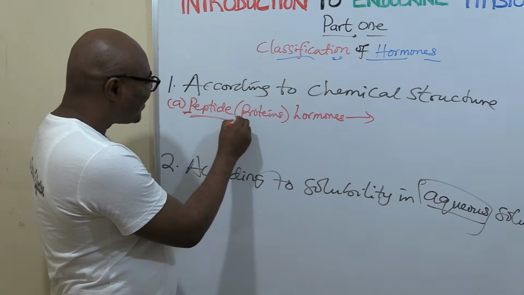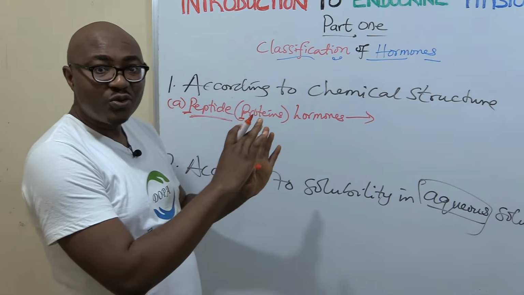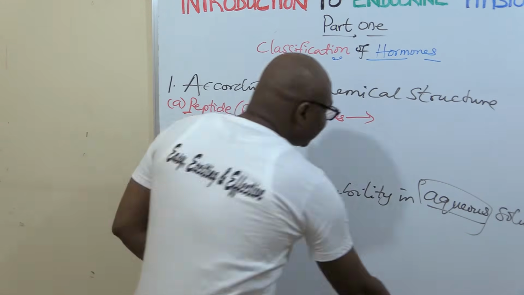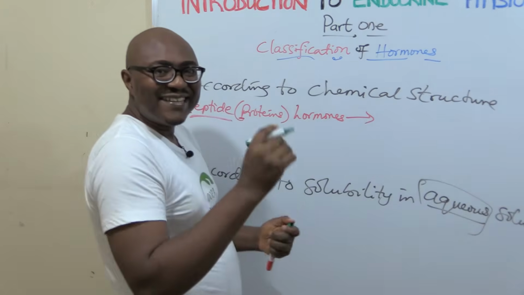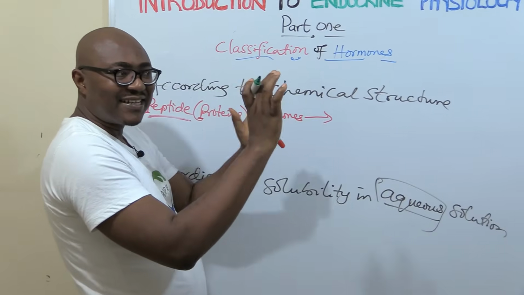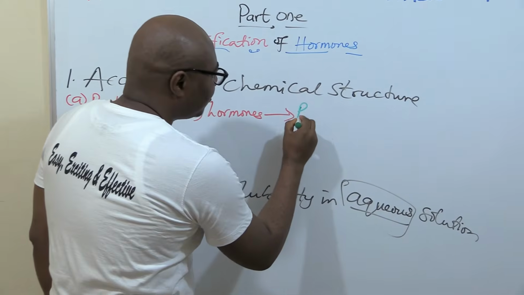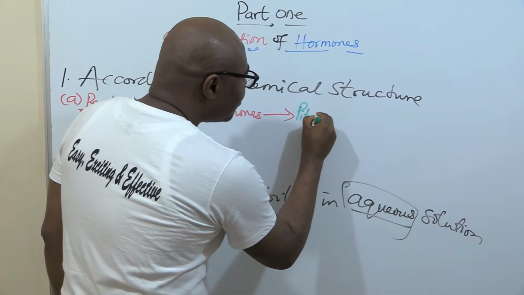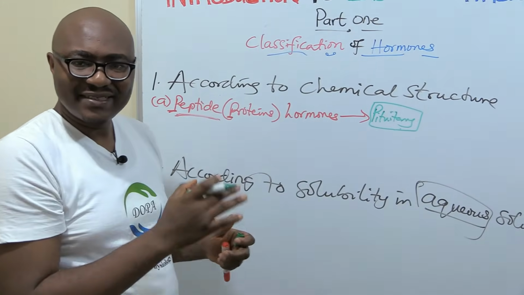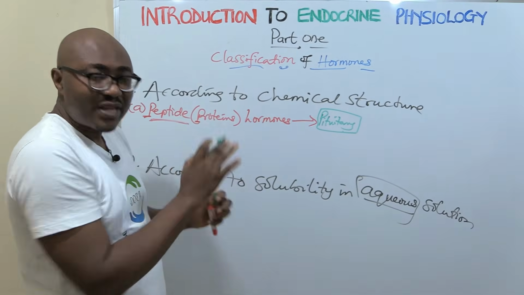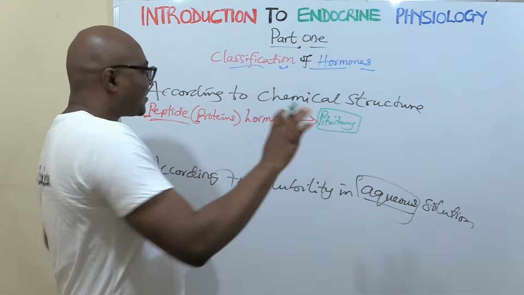It's easy to know the hormones that are peptide hormones. How do we know them? The glands, their initials start from P. Pituitary hormones, for example, oxytocin, growth hormone, and so on. They are all peptide hormones.